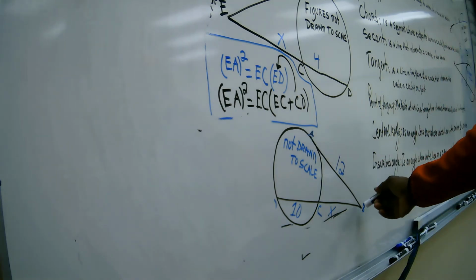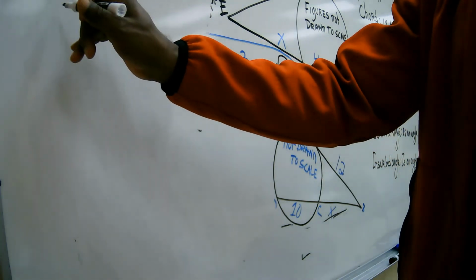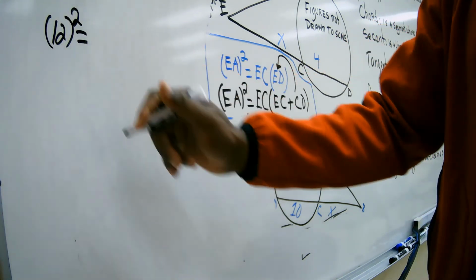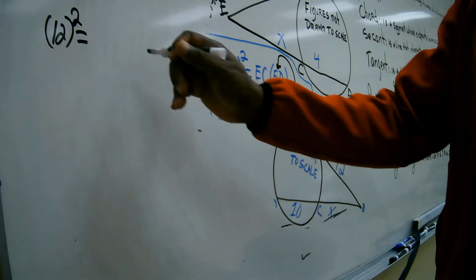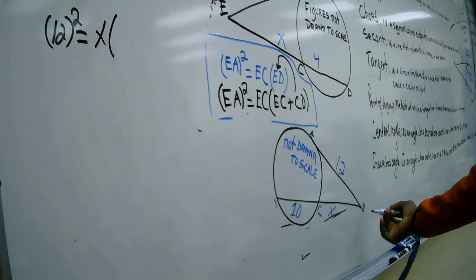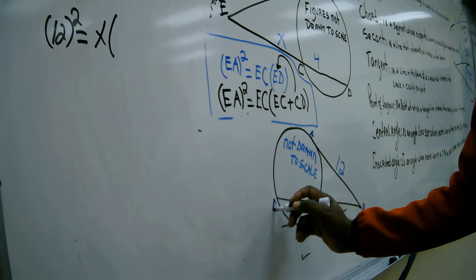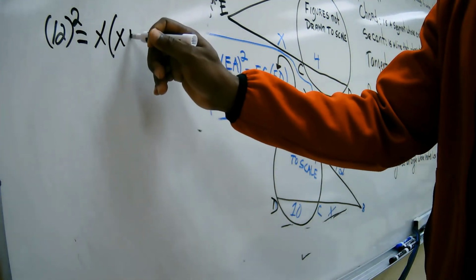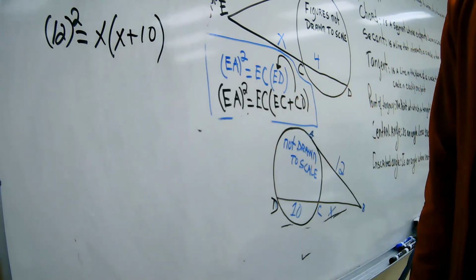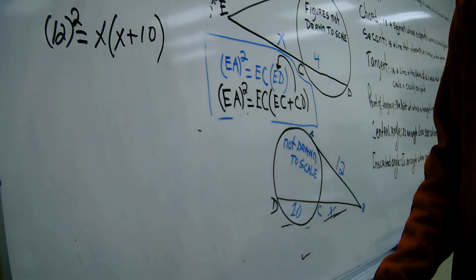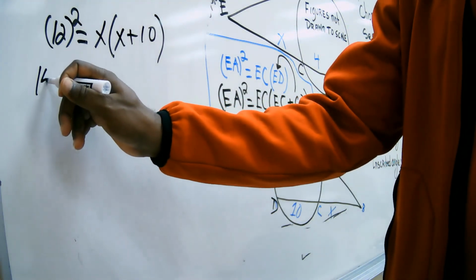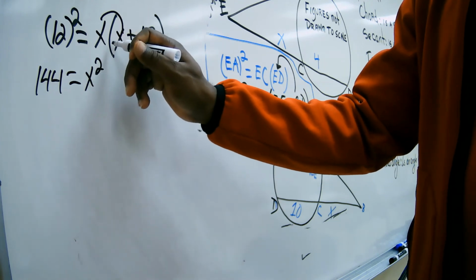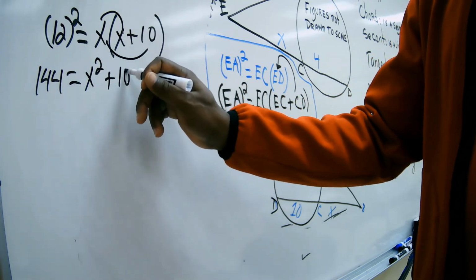In this case, our equation will be AB squared, so you will have 12 squared equal to BC, which is x, times BD, and BD will be x plus 10. So that's your equation, and it's going to generate a quadratic equation again. Then you will have 144 equals x squared plus 10x.